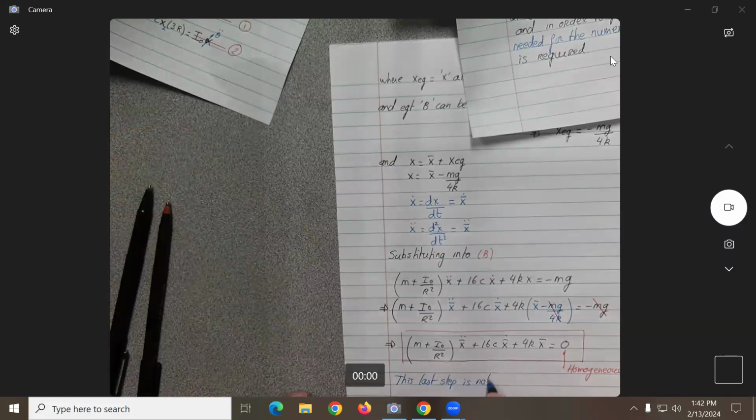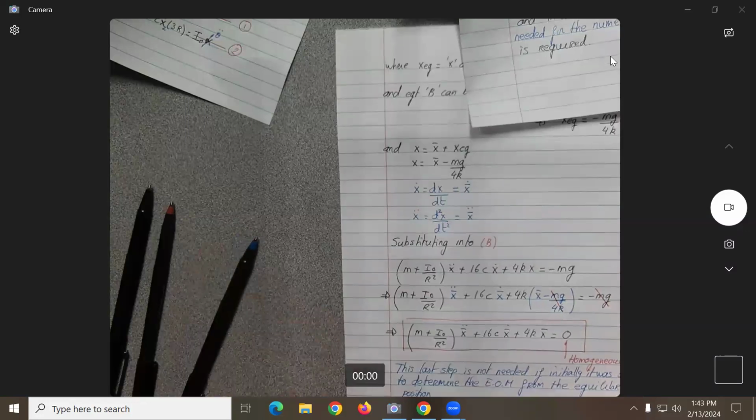is not needed if initially it was stated to determine the equation of motion from the equilibrium position.